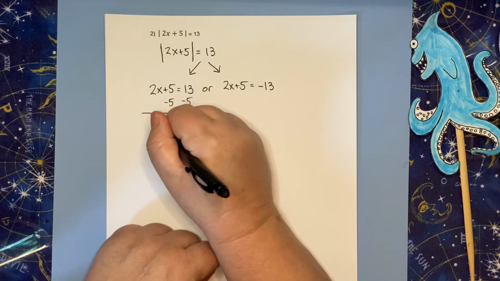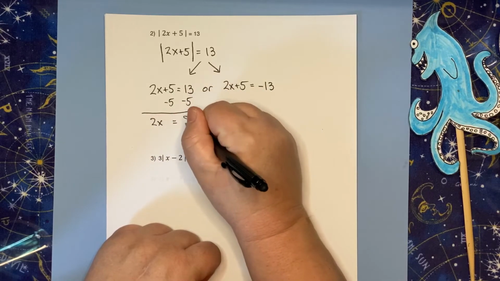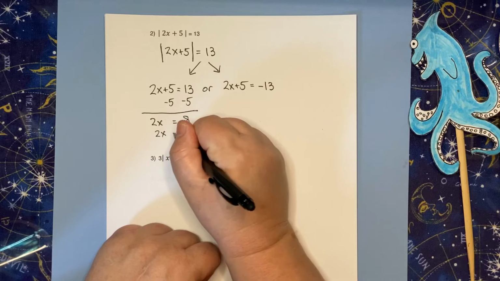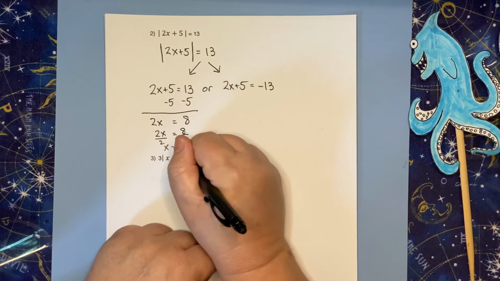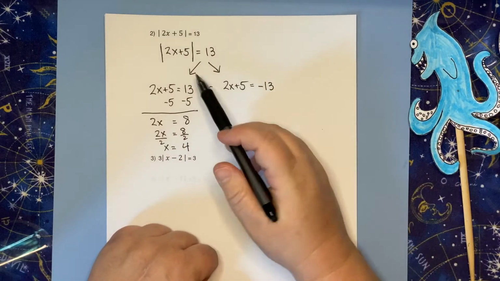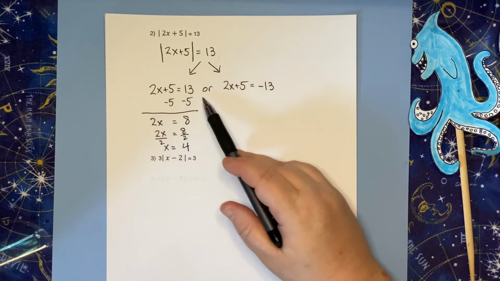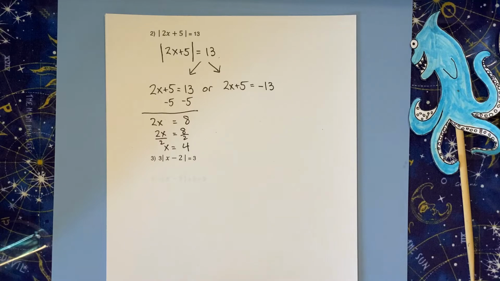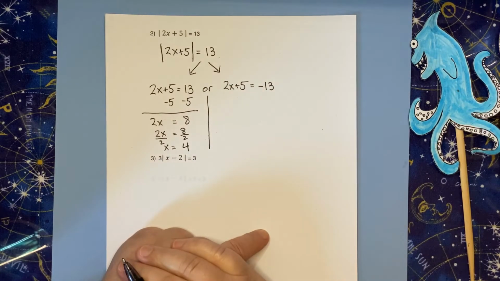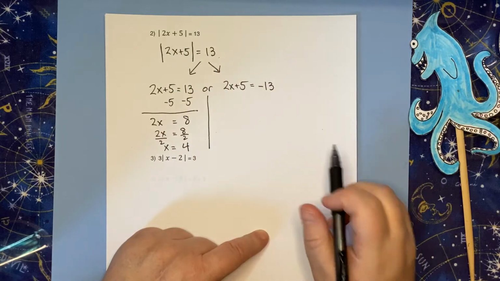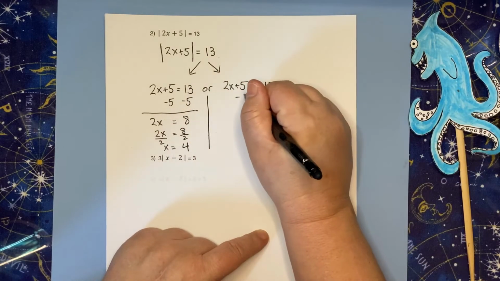So part of this looks just like all I'm doing is ignoring the absolute value, right? I just solve this as if there was no absolute value at all. The other half is that I set it up exactly as it looks, but I've got a negative. So let's see what happens there.